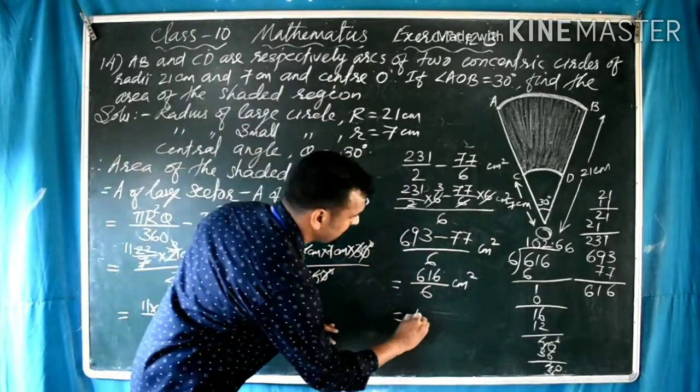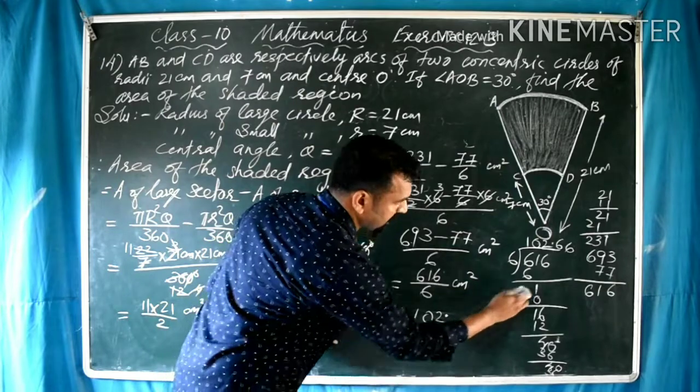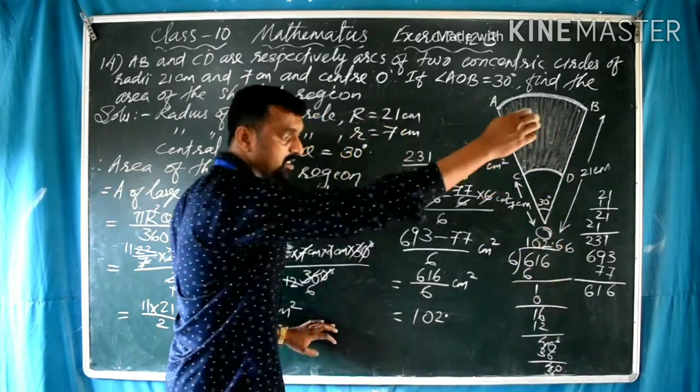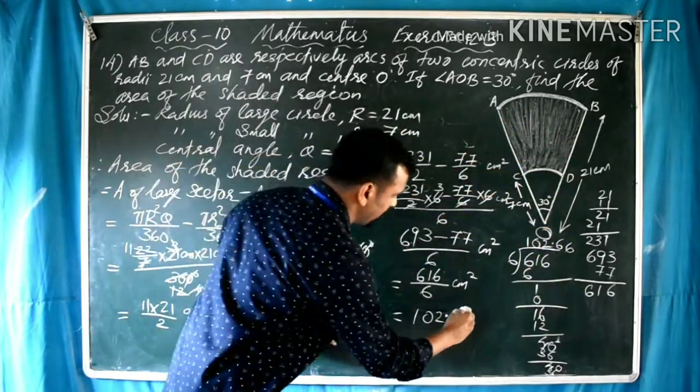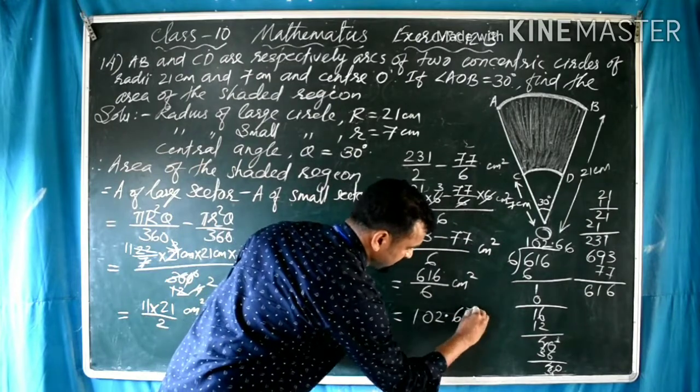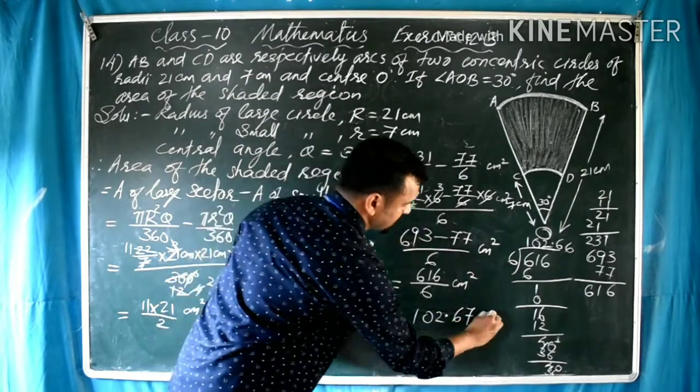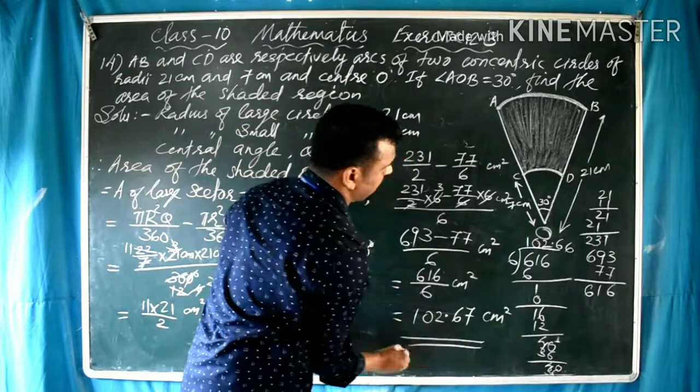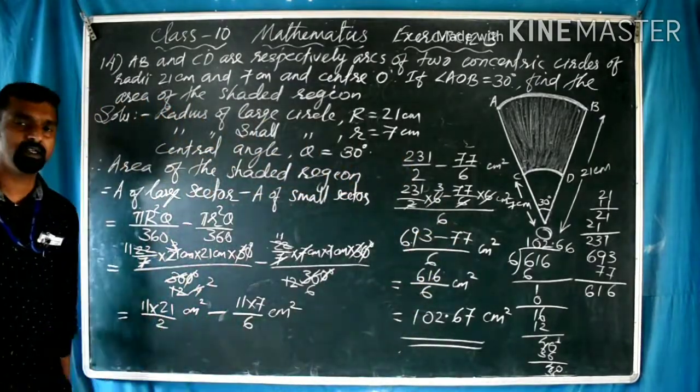So the answer is 102 point, and correcting up to 2 decimal places, we get 102.67 centimeter square. That is the answer.